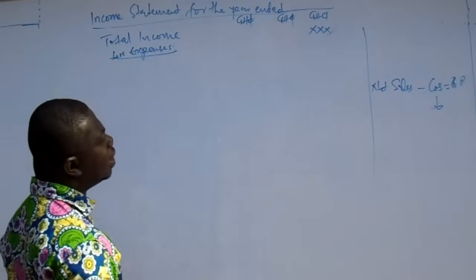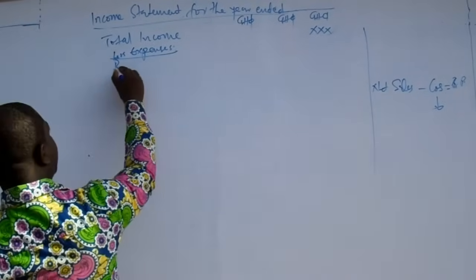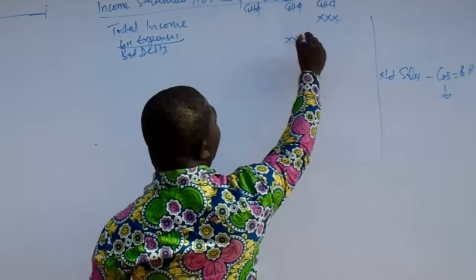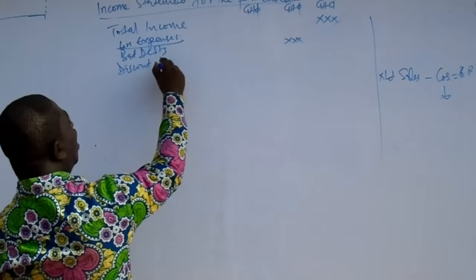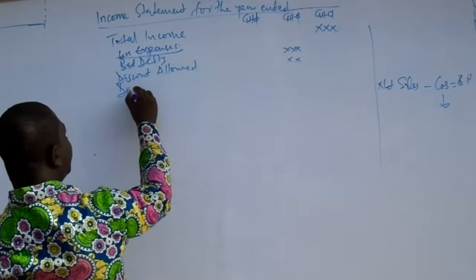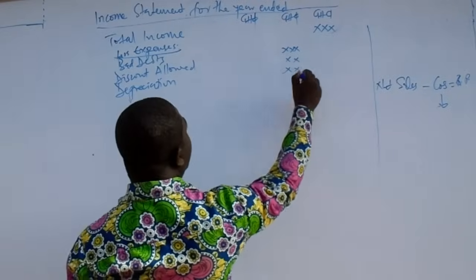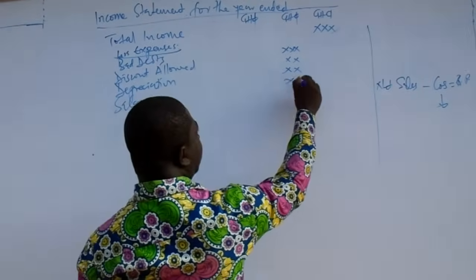which are indirect expenses. Some of these common indirect expenses are bad debts. We list them on the second currency sign. So discount allowed is an expense. And then we can also think of depreciation of non-current assets as an expense. We can think of salaries as an expense.